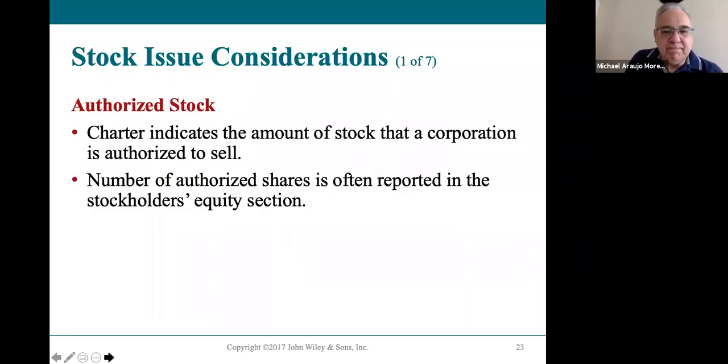So remember, when you applied to become a corporation, the application includes so many shares of stock. In New York, the basic application includes recognizing 200 shares of stock. You can have more, like I said, but 200 is the basic. Once your application is approved, that means that 200 is now the authorized stock.